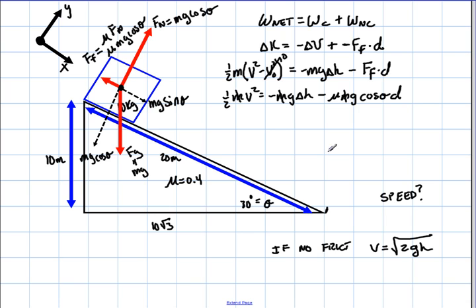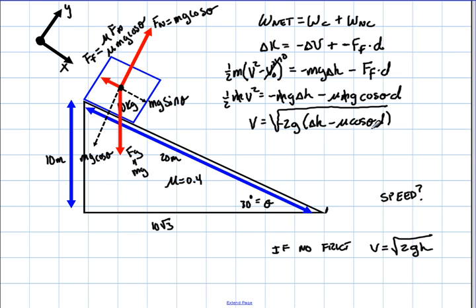And I can multiply over my 2, so I can end up with this. So finally, after we cancel out the masses and solve for v, we see that v is going to be negative 2g times, in parentheses, we factored out a 2 and a g, delta h minus mu cosine theta d.